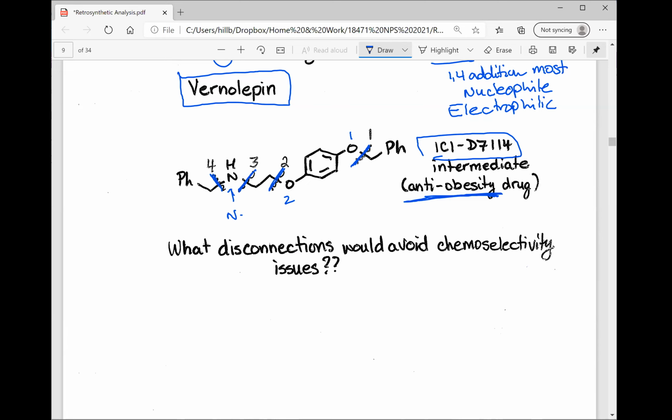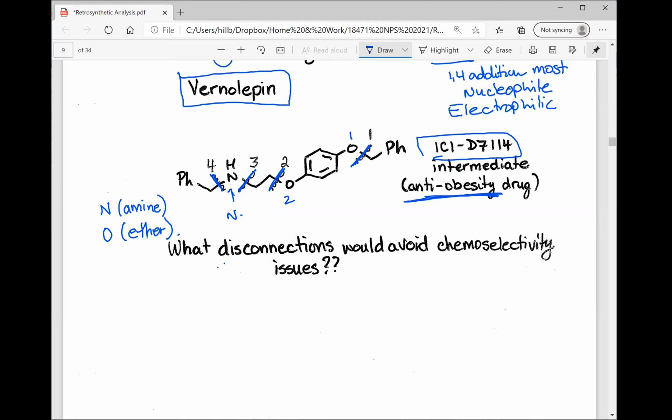If we want to avoid chemoselectivity issues, we look for the most reactive group. We've got nitrogen, so this would be an amine. We've got oxygens, and they currently are in the form of ethers.